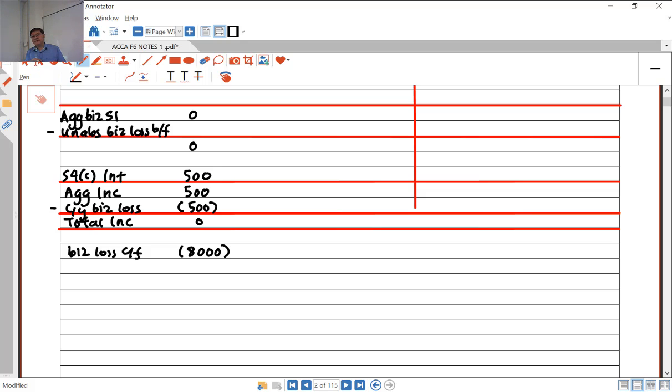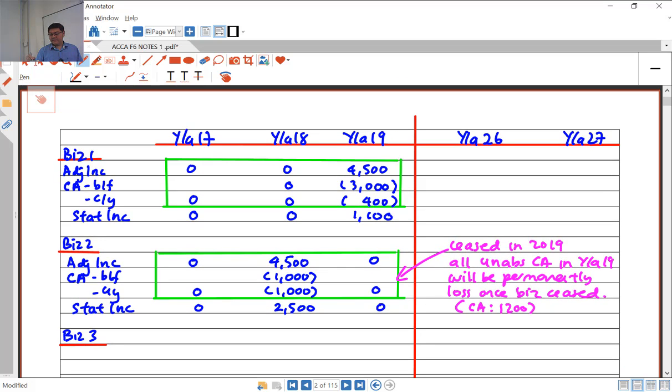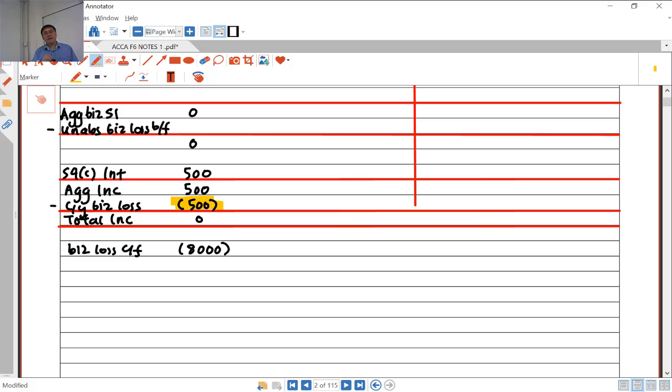Do you get a figure? 8,000? Okay, now again, this amount 7,003, this amount 1,002. So 8,005, right? But how much utilized? 500. So the balance is 8,000. So that goes to 2018.